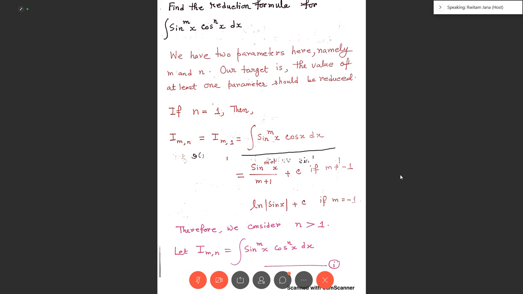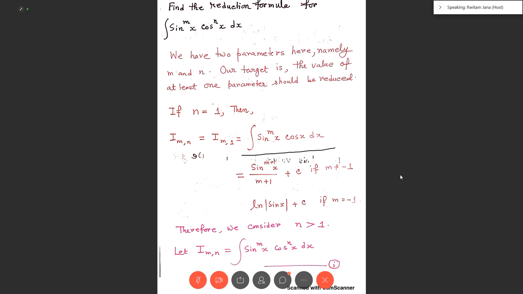If m equals minus 1, it will give you the integral of sine inverse x cos x dx, and ultimately it will become cos x by sine x dx. If you calculate this integration, it will give you ln of sine x plus c if m equals minus 1. So this is a very simple case to understand.